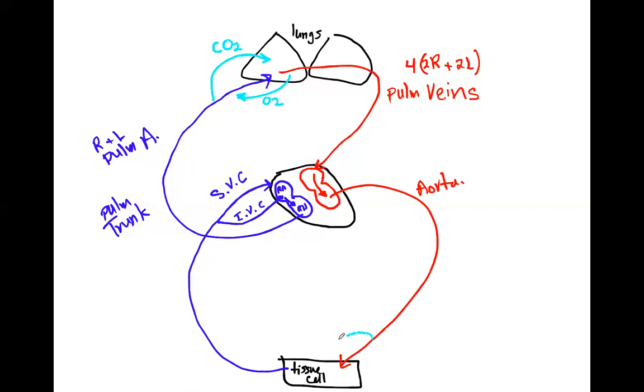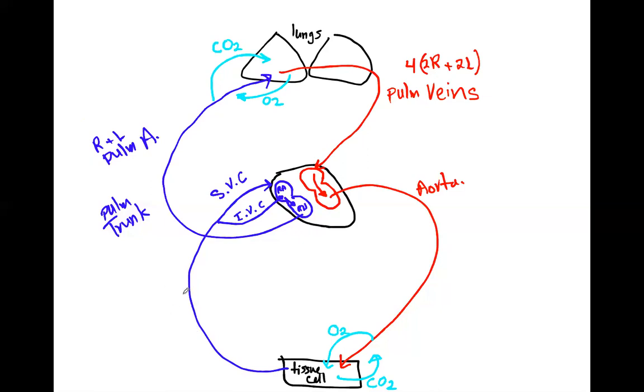So your blood gives it its oxygen. It drops off all the oxygen that it has picked up before. And the tissue says, I have a lot of waste gas, CO2, so I'm gonna give you the CO2. So CO2 is now in your blood and oxygen has been dropped off in the tissue. So your blood goes from oxygenated blood to deoxygenated blood.